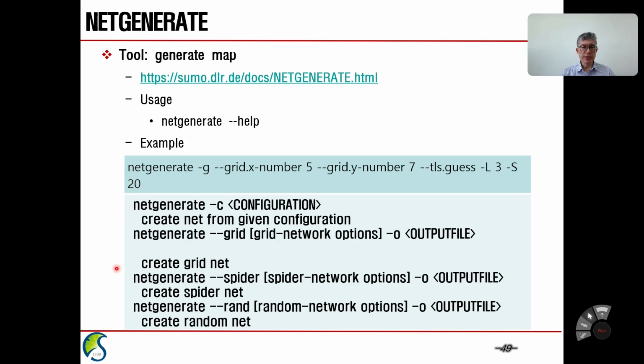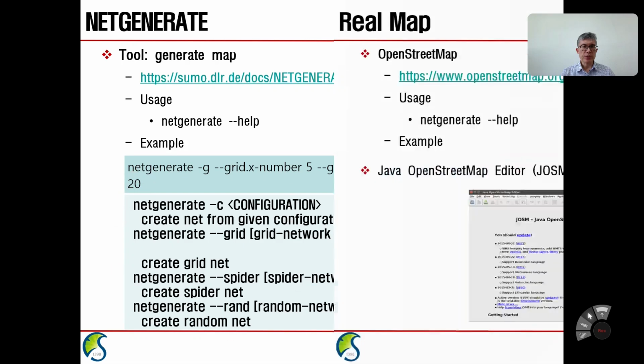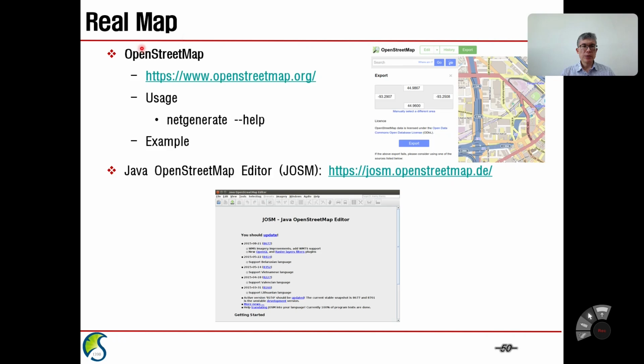And then OpenStreetMap provides realistic maps like Seoul or Suwon, Sungkyunkwan University. You can use this open source OpenStreetMap, and this map is integrated into SUMO. SUMO can load a realistic local map, okay.